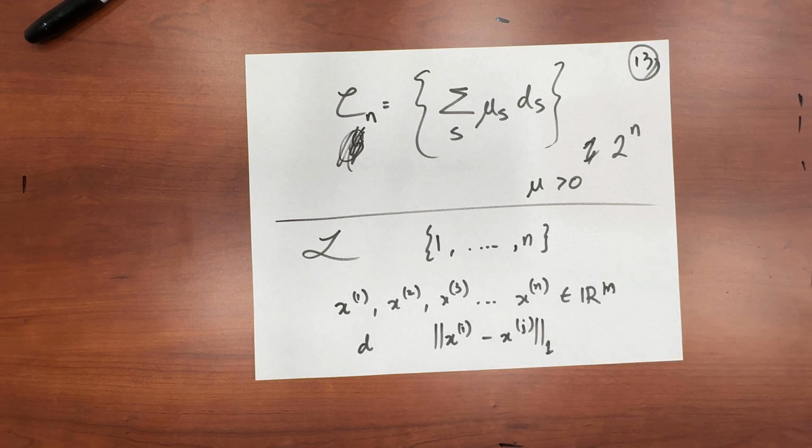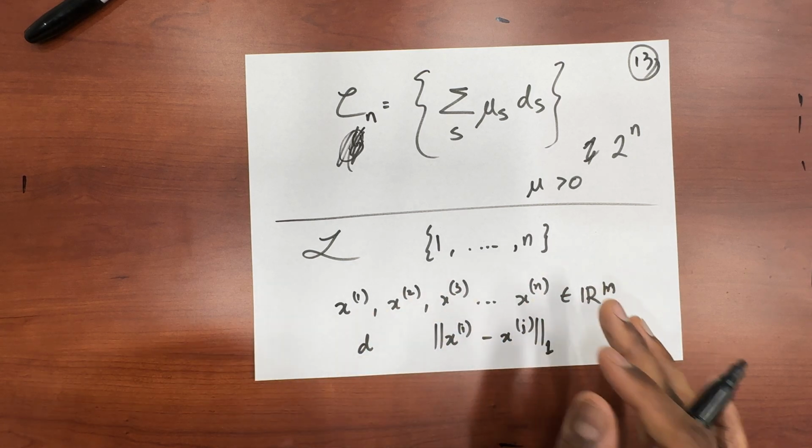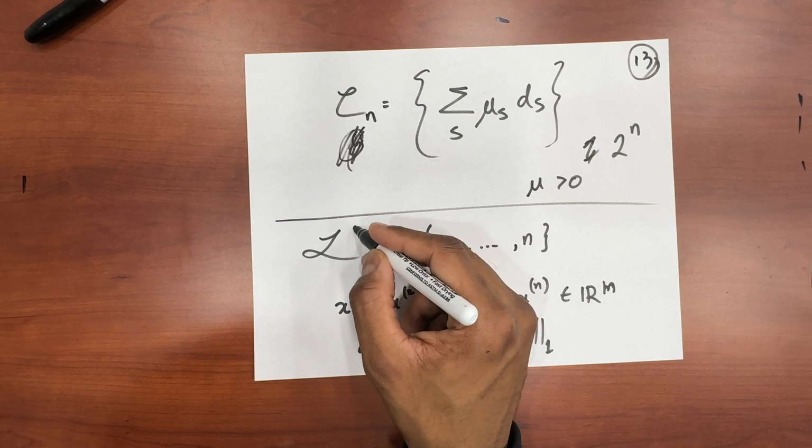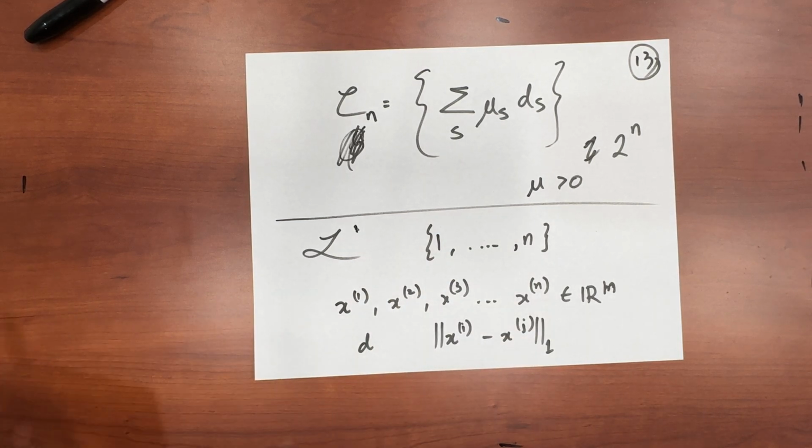M could also be variable, it doesn't have to be fixed. The only constraint is that it has to be measured in L1.